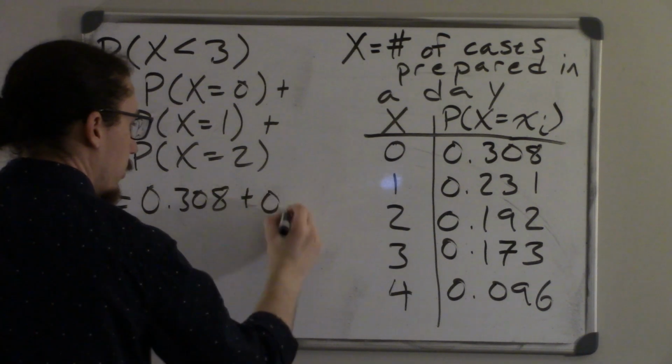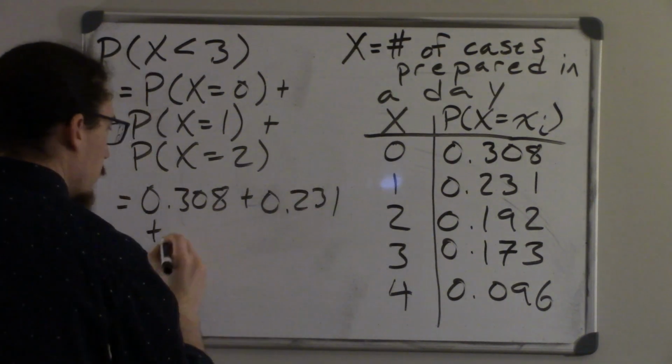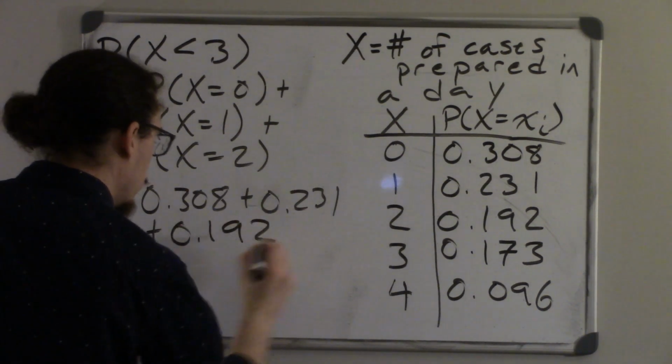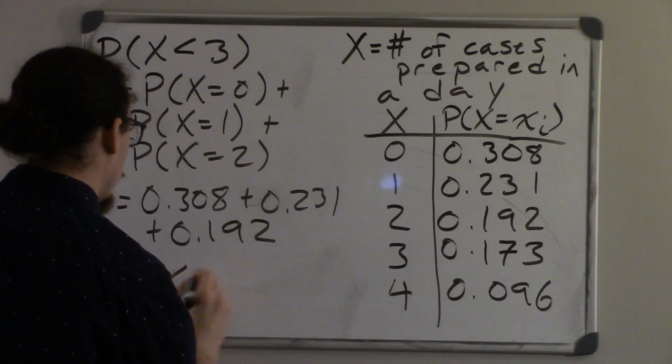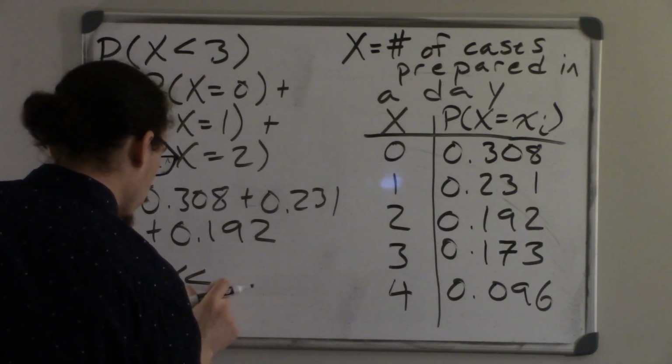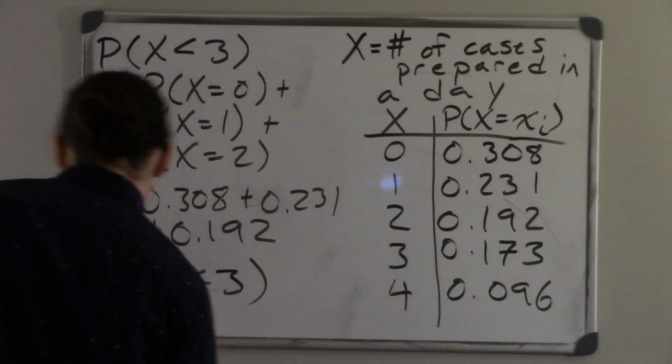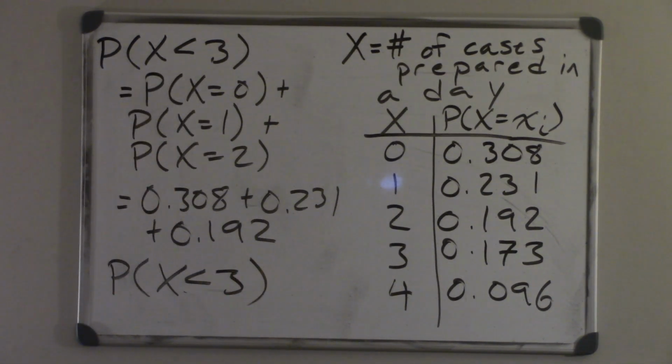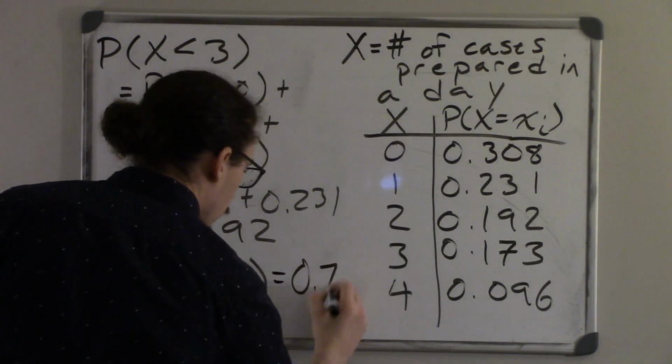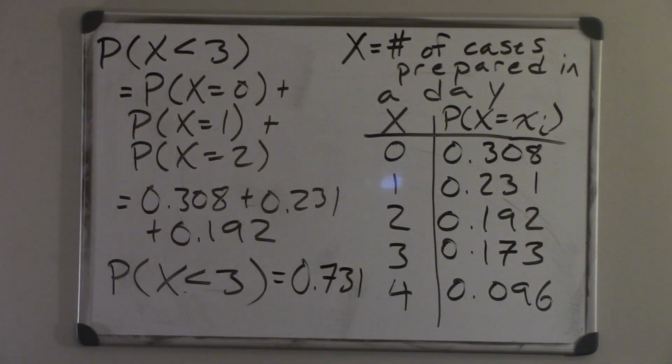So 0.308 plus 0.231 plus 0.192. Once we put that all together, the probability X is less than 3 is 0.731.